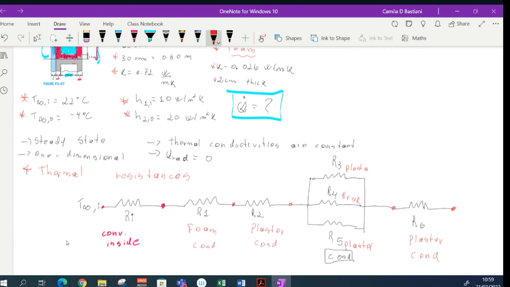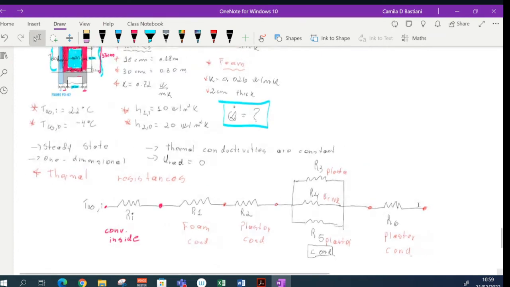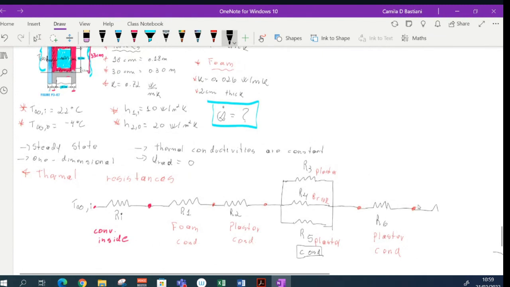And finally, I have my last resistance, that is due to the outer surface and the air. And here I have my temperature of the air on the outside. So this is my resistance 7, the resistance with the outer side. That's my convection resistance with my outside.